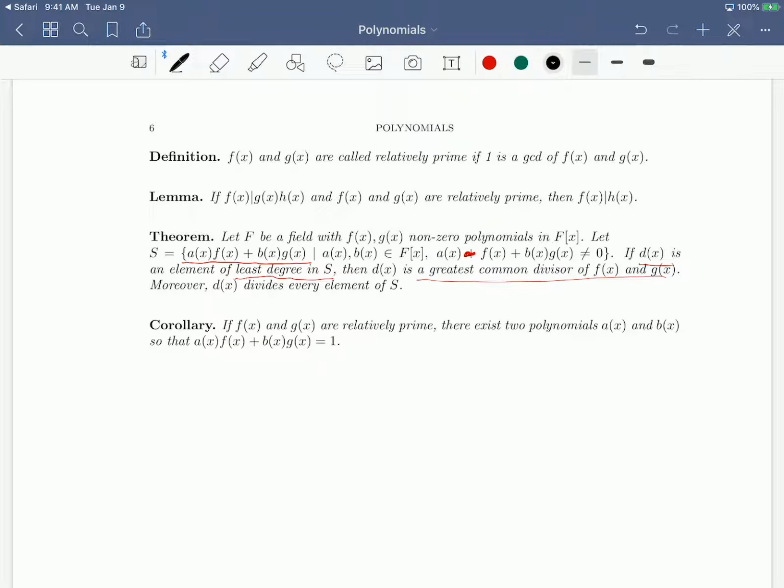And last, this corollary puts the three ideas above together. It says, if f and g are relatively prime, that means 1 is a GCD of them. Then that means that 1 would be in that set S from above. And so it means that we can find polynomials a and b so that af plus bg equals 1.